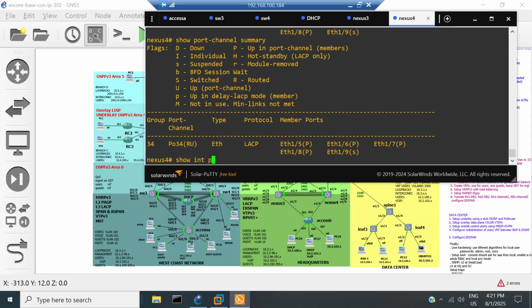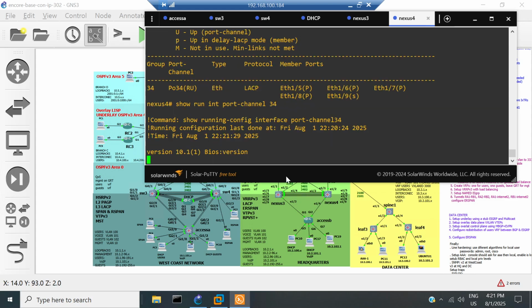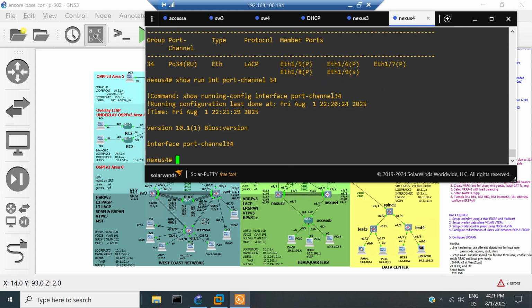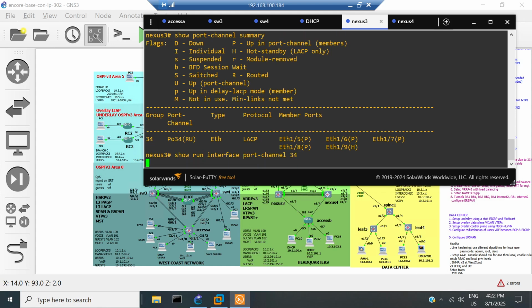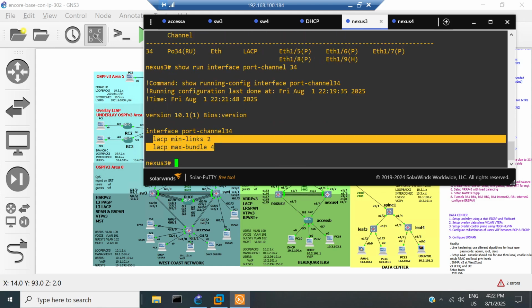Now, in this case, the configuration is not the same in both switches. For instance, I have here the min links and max bundle.